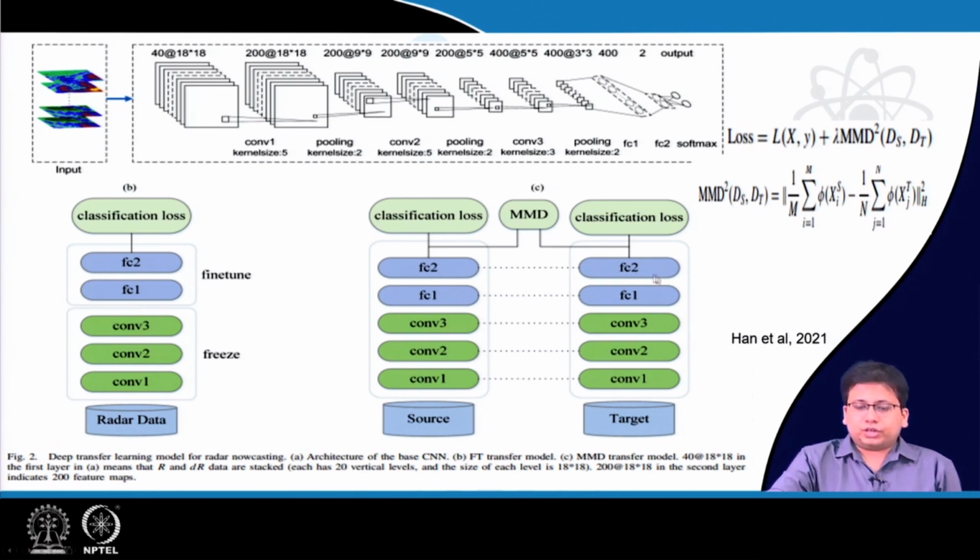The weights of these two fully connected layers are tuned to minimize this loss function, so that the features of the target domain are mapped to the features of the source domain. Once this is achieved, the model can be deployed in the target domain also with equal efficiency as in the source domain.